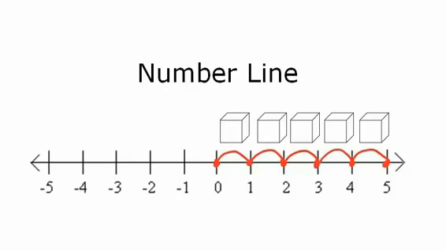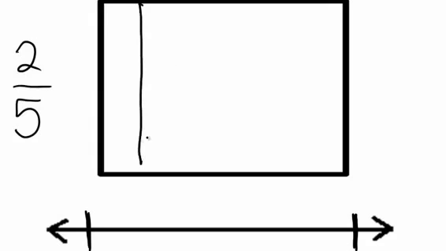So let's zoom in on just that space on the number line. All of the space between 0 and 1 are fractions of the number 1, or parts of the whole number 1. Since we are looking for 2/5, we know by the denominator we need to break the space into 5 equal pieces.